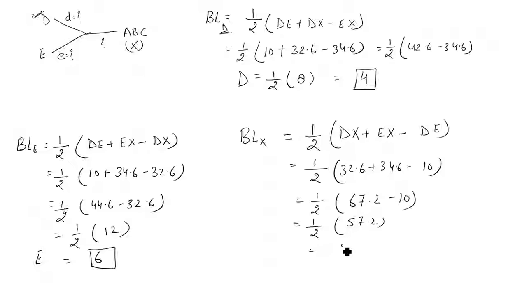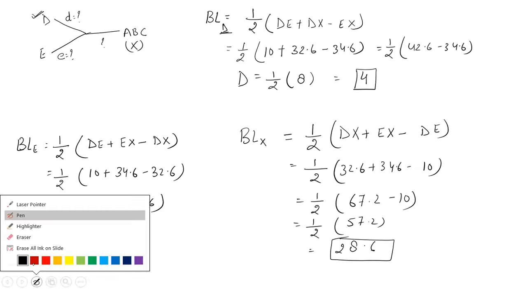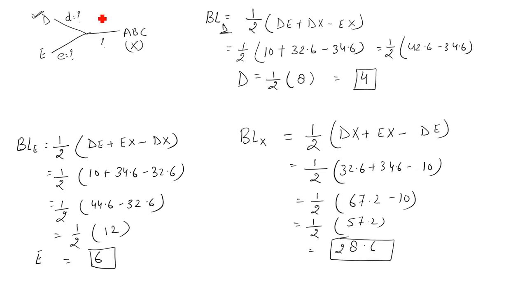That means 28.6. Yes, 28.6. So we have calculated this value. Let's highlight this value with a different color here. For D it is 4, for E it is 6, and for X it is 28.6.